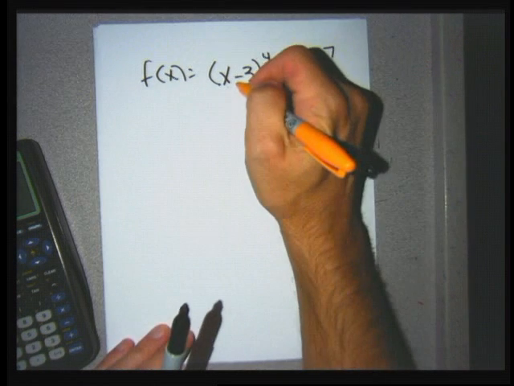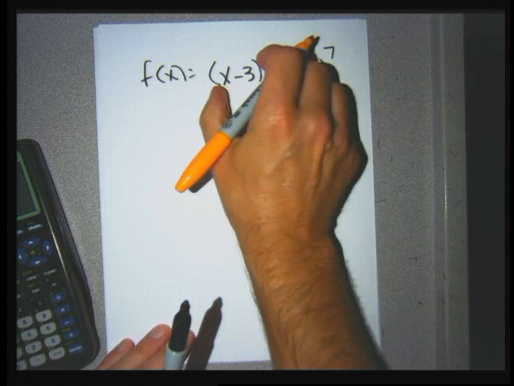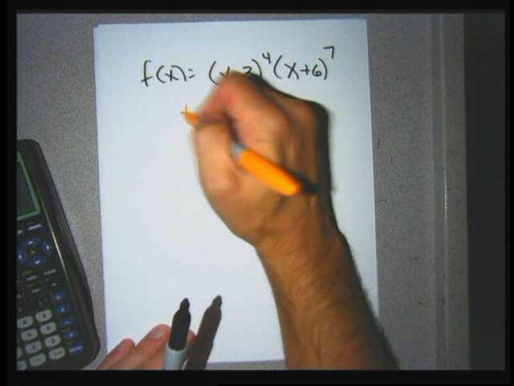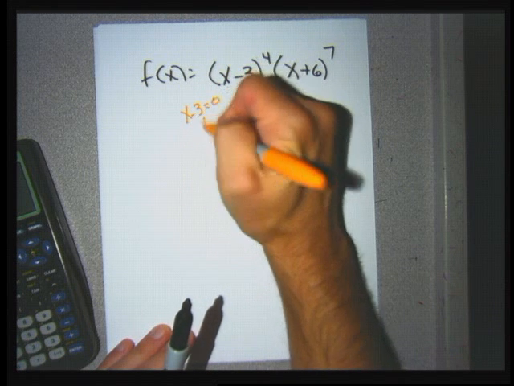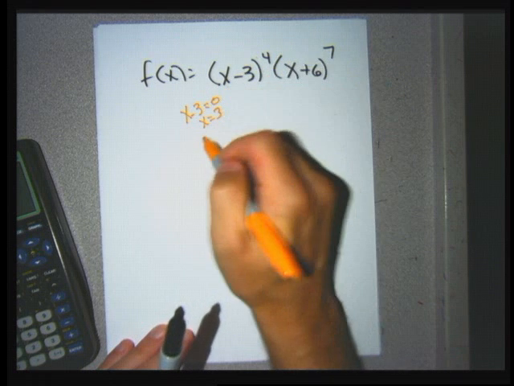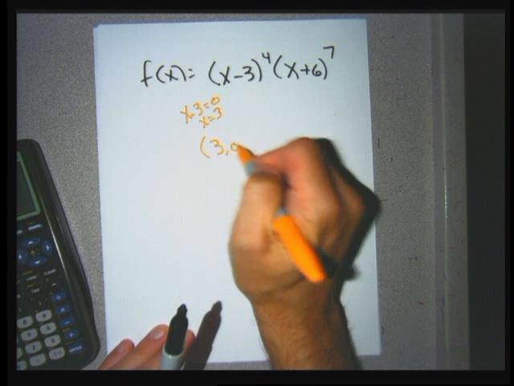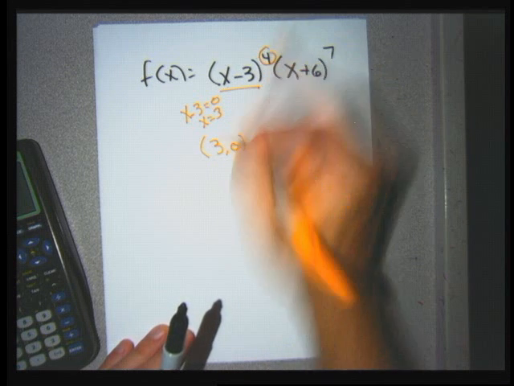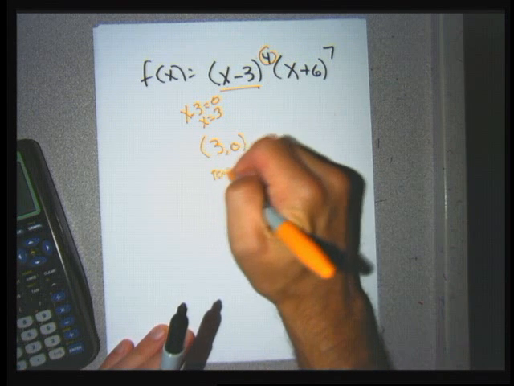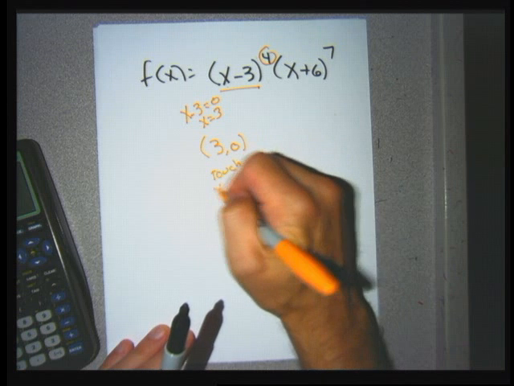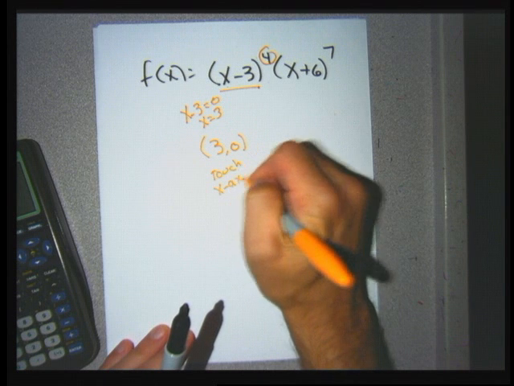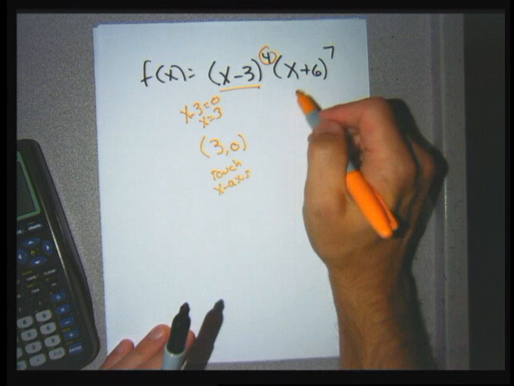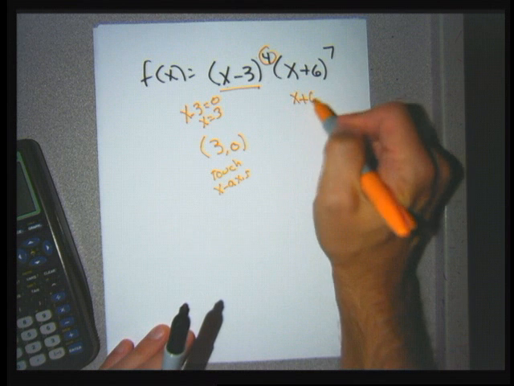If I just set this factor x minus 3 equal to 0, I'm going to get x equal to 3. This graph is going to have an x-intercept at 3, 0 because of that parentheses. The exponent is going to make it, because it's even, touch the x-axis, but not cross the x-axis.